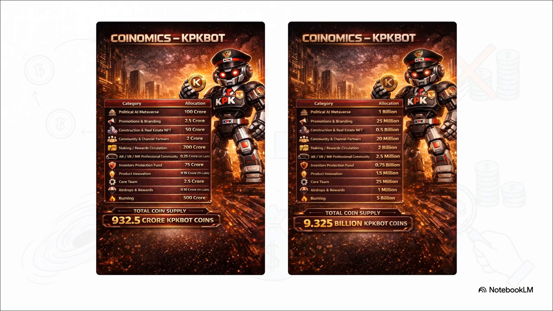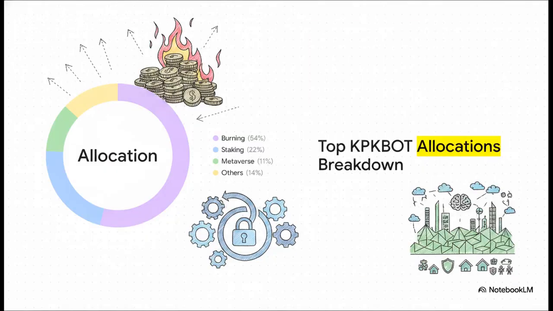It is the exact same total supply, just localized. Because 1 crore equals 10 million, 932.5 crore is mathematically identical to 9.325 billion. It just goes to show how a project tailors its communication so it's perfectly clear to totally different audiences around the world.